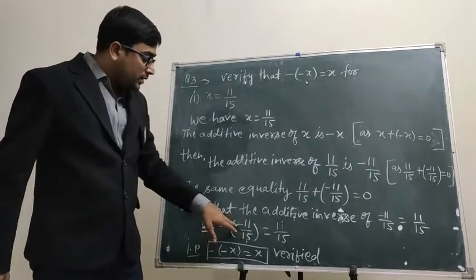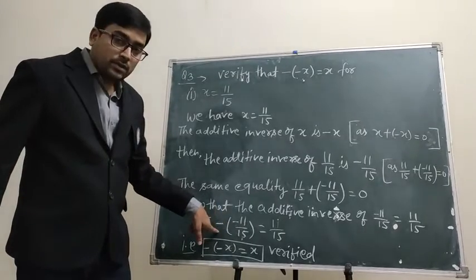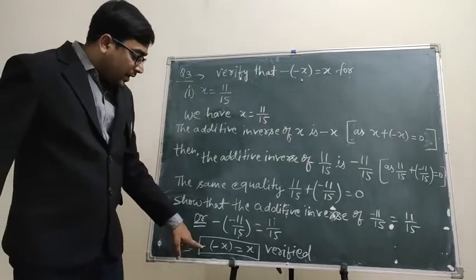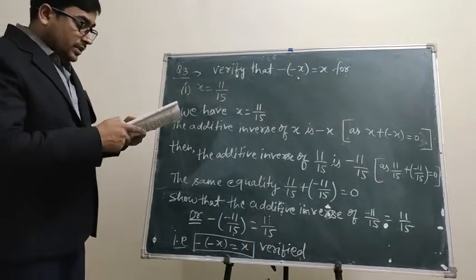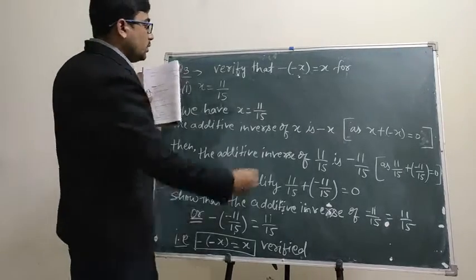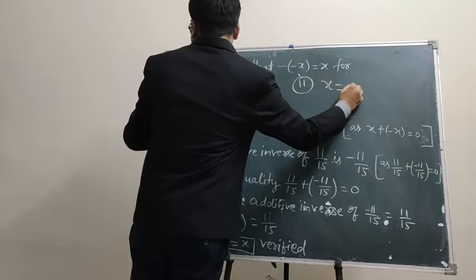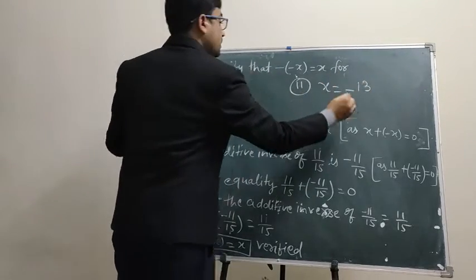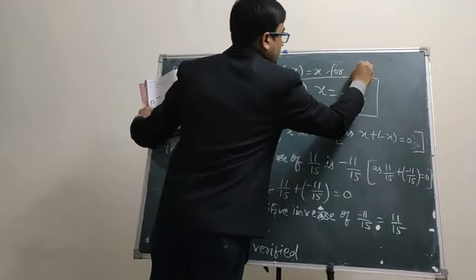Minus of minus, you have to open the bracket, minus minus becomes plus 11 by 15. That is verified: minus of minus x is equal to x, verified. The same question is given in question number 2. This question is for your practice: x equals minus 13 by 17. This question is for you.